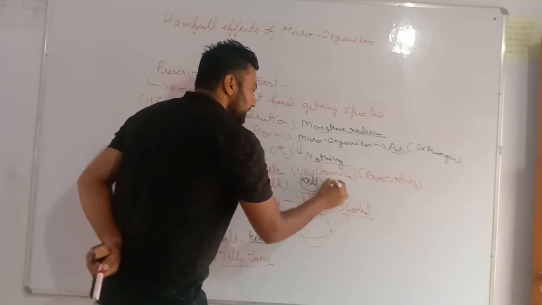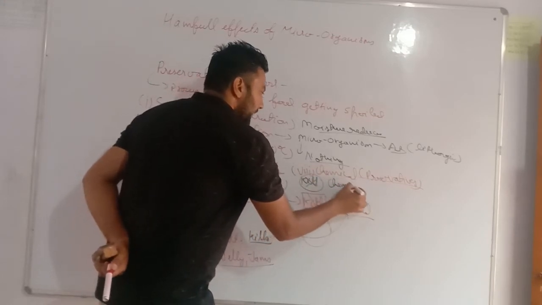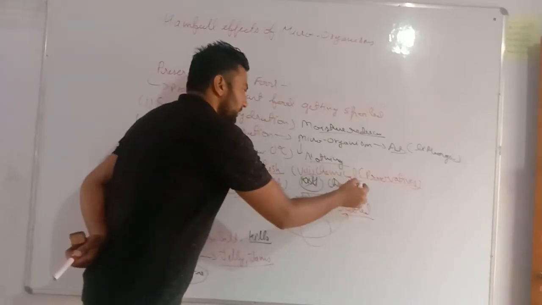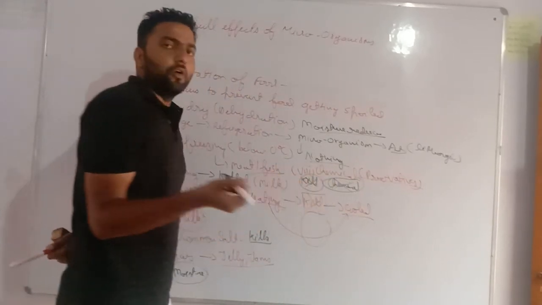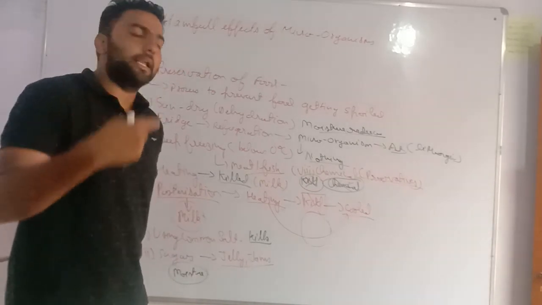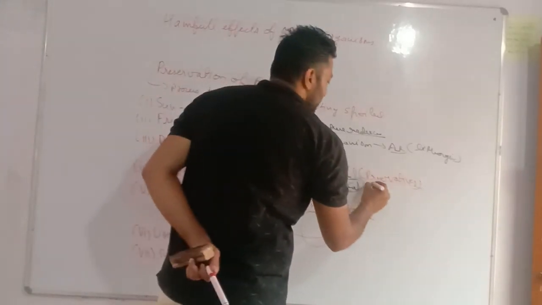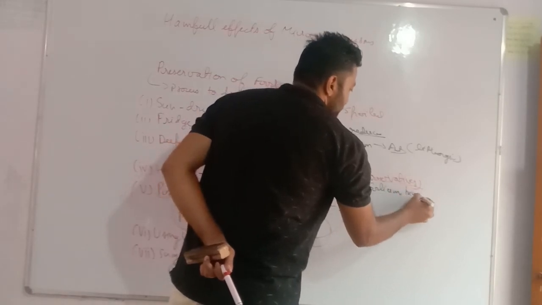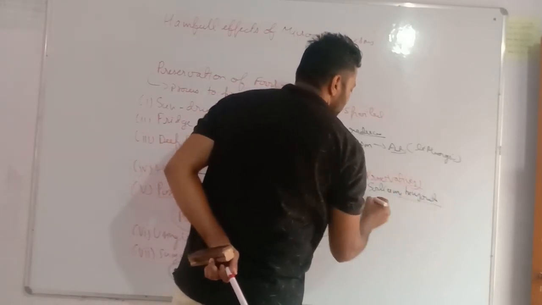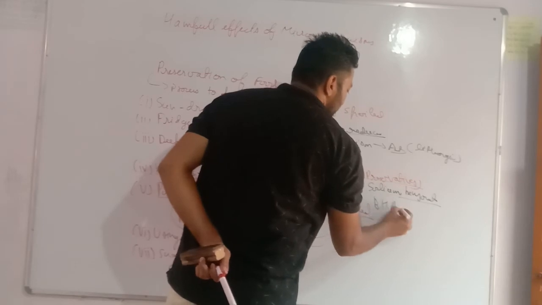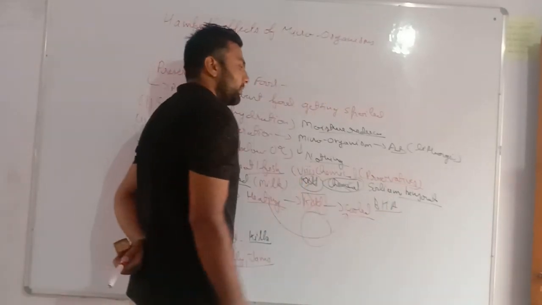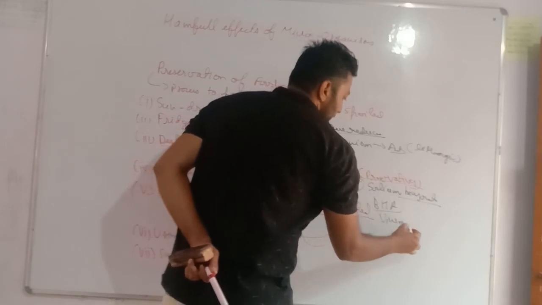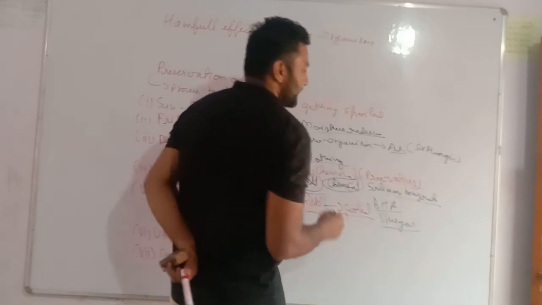Moreover, these chemicals do not allow the food to decompose, or the chemical process of destruction of food to happen. The best examples are sodium benzoate, BHA, that is butylated hydroxyanisole, and even vinegar, that is acetic acid.